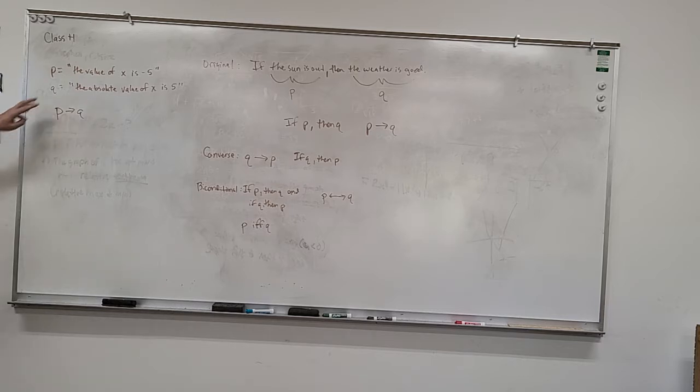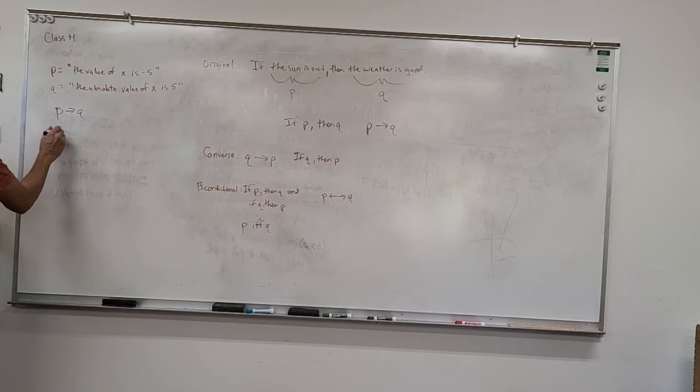If you've got phrases like this and you can identify which one is P and which one is Q, then it's really easy to write the conditional statement by just putting the if in front of this and then the comma, then in front of this. So that's pretty straightforward. Does everybody get that? And so then if they tell us to flip it around and do the converse of that, somebody else take a stab at the converse.